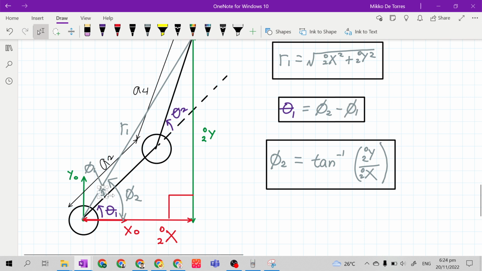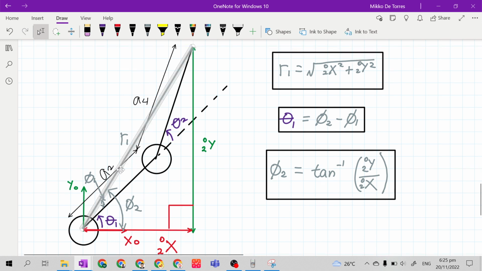Opposite phi 1 is a sub 4, the link length a sub 4.